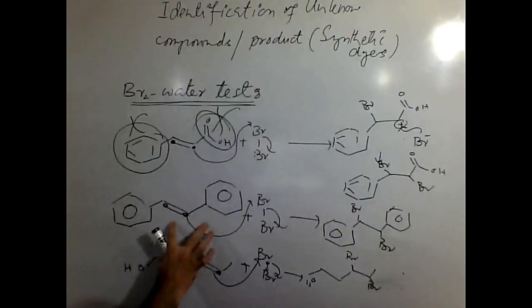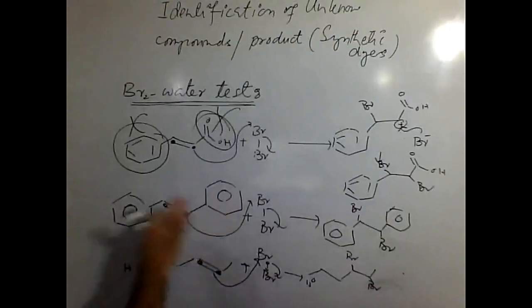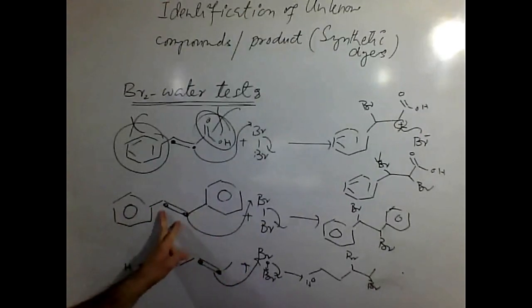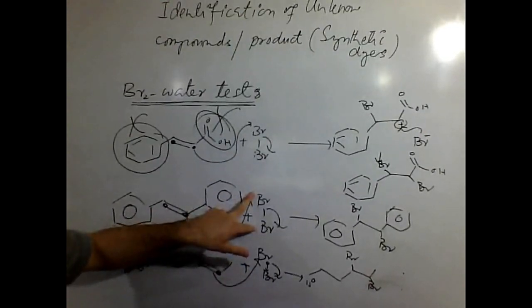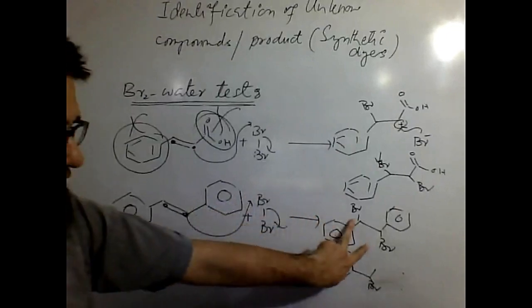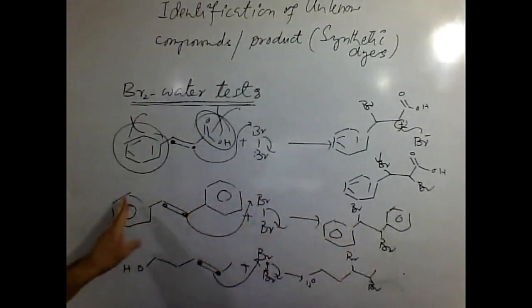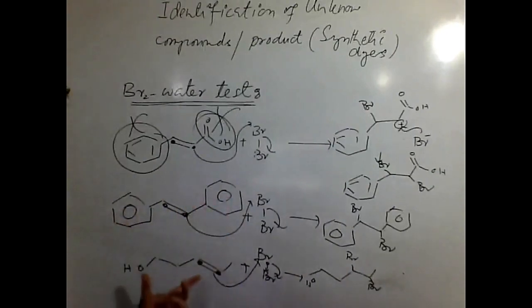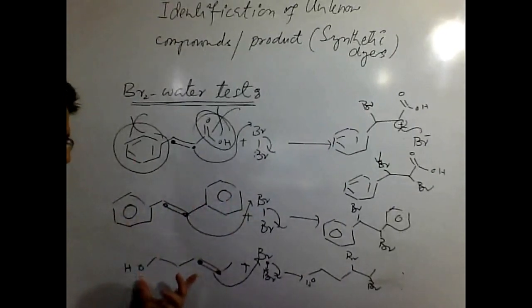Similarly, in this molecule, we have two benzenes around this double bond. So the double bond could react with the bromine water, giving you the corresponding product. No influence, no participation from benzene. Similarly, the alcoholic molecule carries single bonds as well.